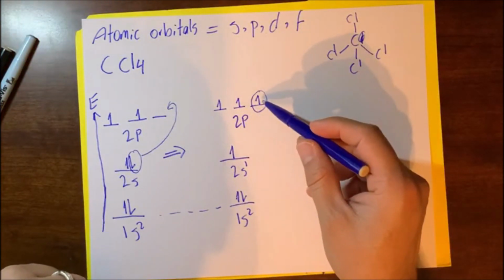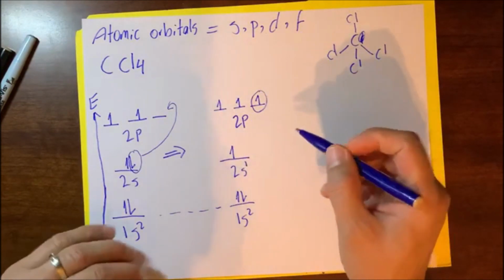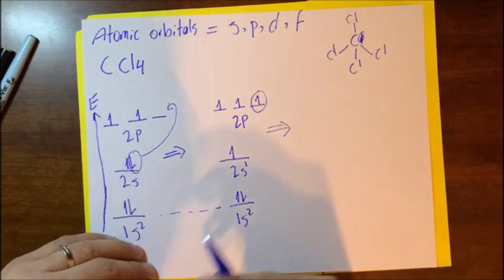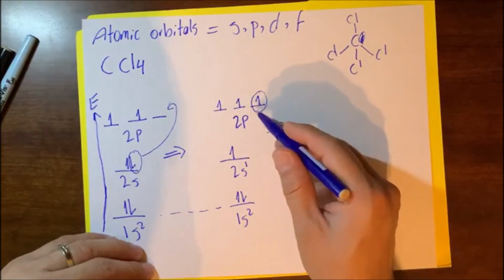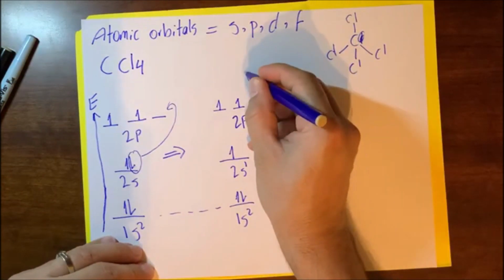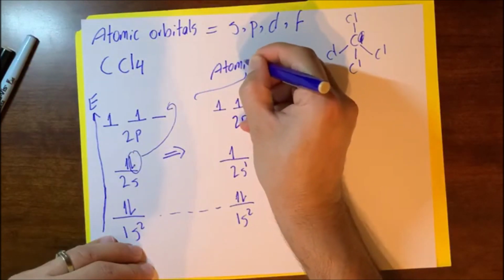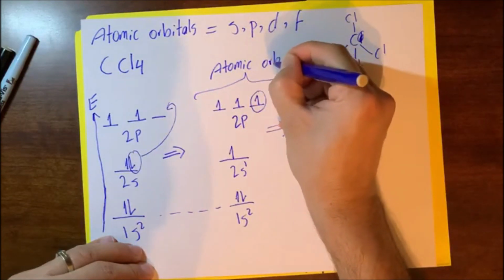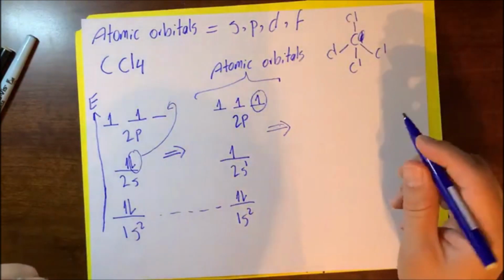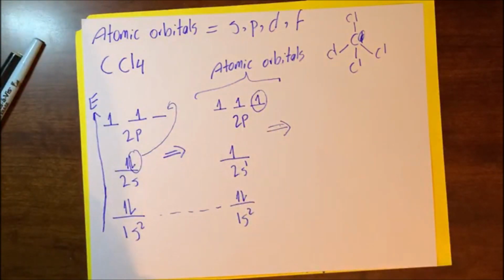So if you use the p orbital, it's not going to give you the same bond length as the 2s orbital. When it comes to hybridization, what we do is mix these atomic orbitals. I will mix the atomic orbitals to get hybrid orbitals.